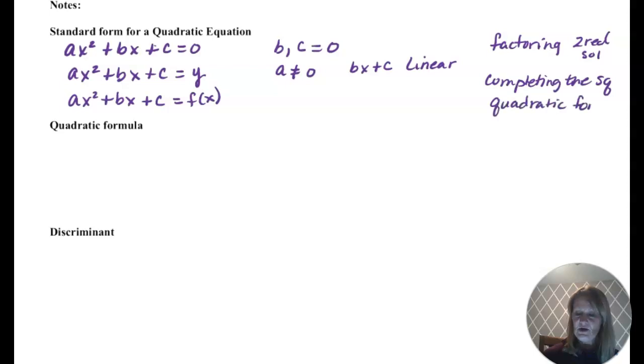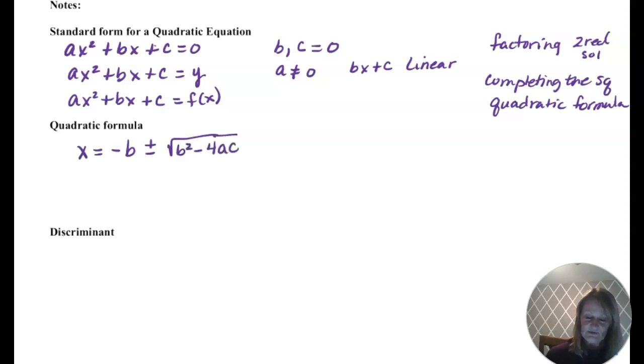Those are the methods that you're going to use. So the quadratic formula is x equals the opposite of b, plus or minus the square root of b squared minus 4ac, make the square root a little longer, all over 2a.